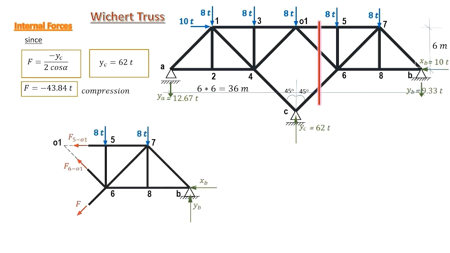And now we can proceed with any other internal force in any member to be easily computed. So we have F. If we analyze the force in 6O1, we can easily compute it, and we can easily compute the force in 5O1, and we can proceed with any other member.